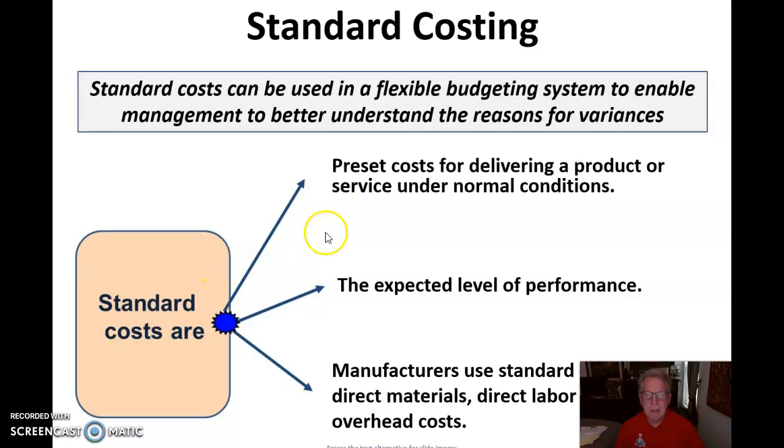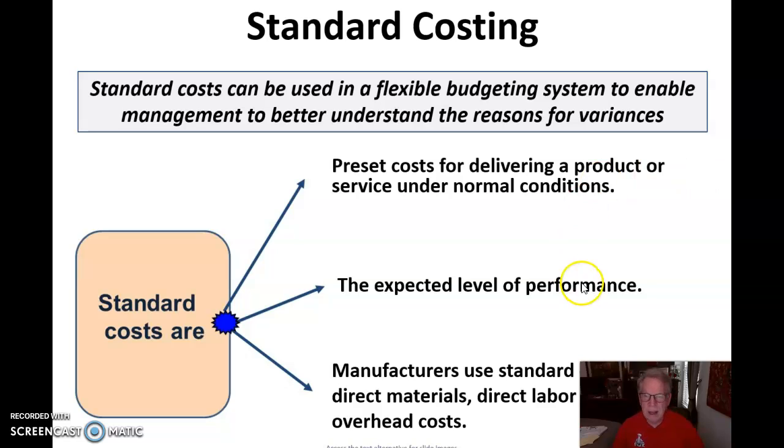We set up these standard costs. These are preset costs needed to deliver a product or service under normal conditions. And when they say normal conditions, that's not perfect conditions. That's expected. Good, solid performance, but not perfect.